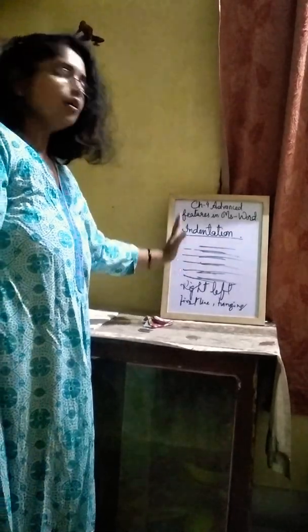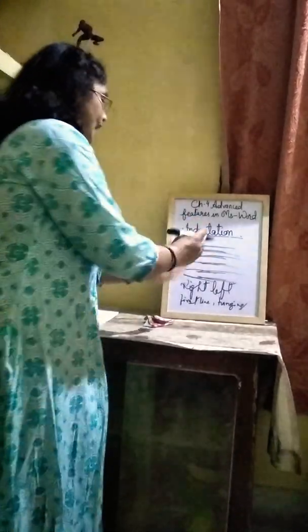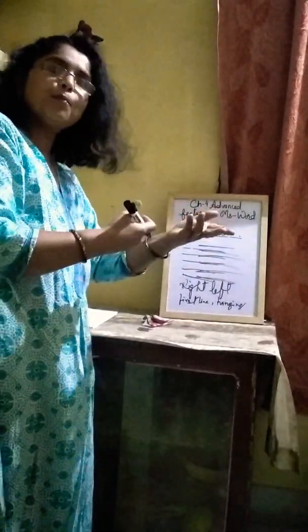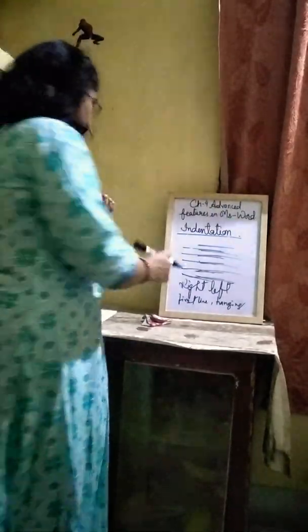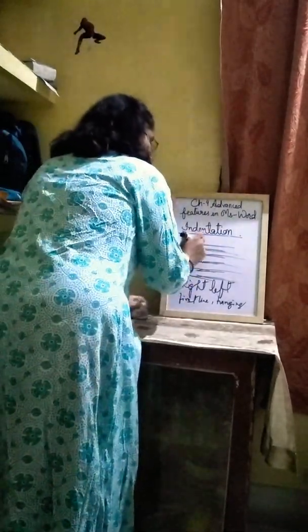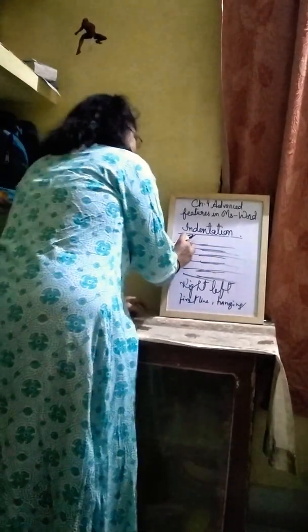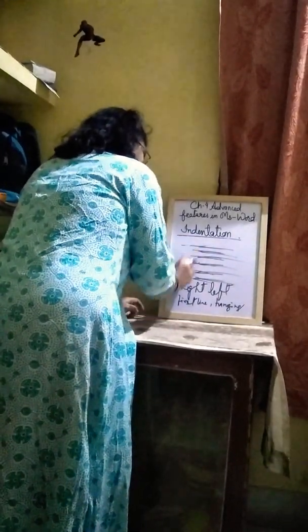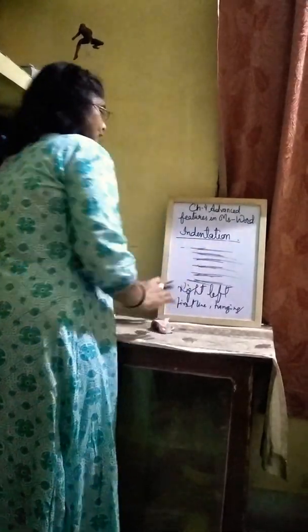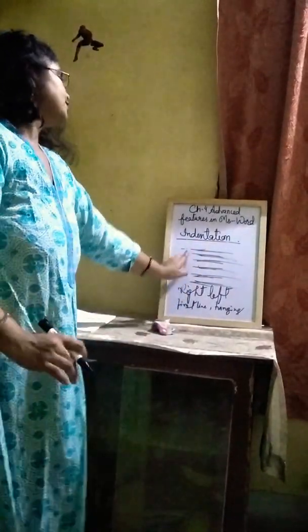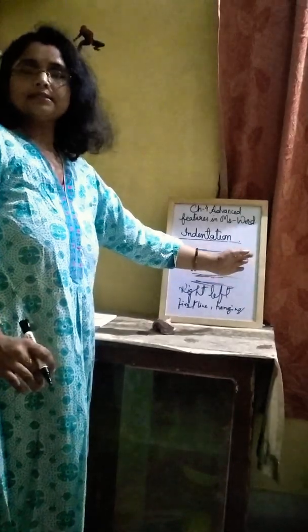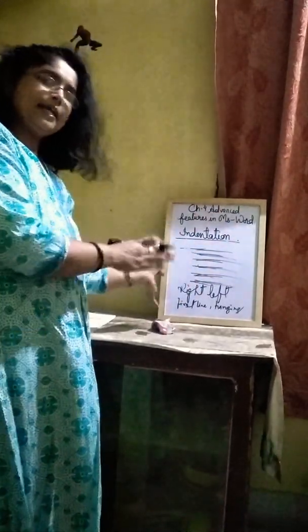This is your first line indentation, and hanging indentation is just the opposite of first line indentation. In this, the first line will be at the same place, and the rest of the lines will be hanging like this, shifted to the right. This is the hanging indentation.